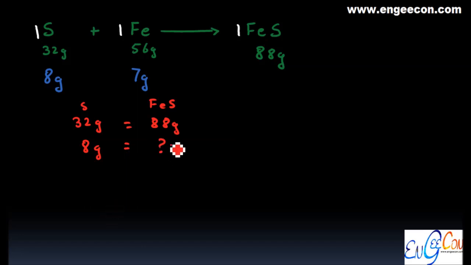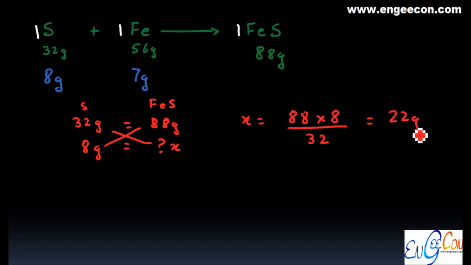Let us replace it by X. This can be found by cross multiplication as 88 multiplied by 8 divided by 32, and this comes out to be 22 gram of ferrous sulfate.